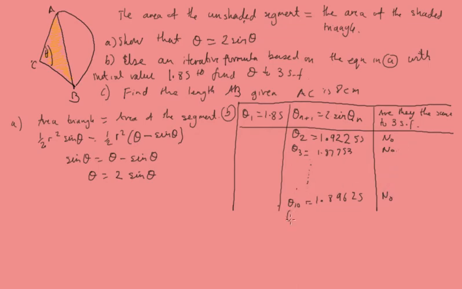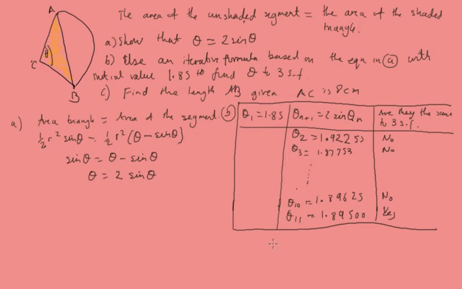You can trust me on that one. And theta 11 is 1.89500, which, yes, they are. If you want to do all that with your calculator, you can, but it's very tedious.